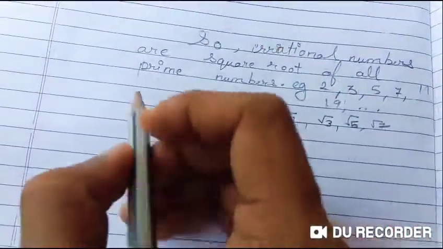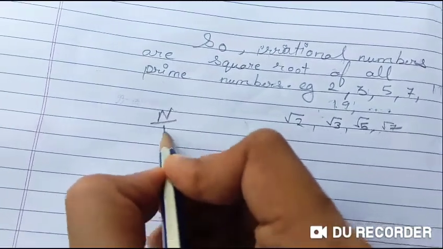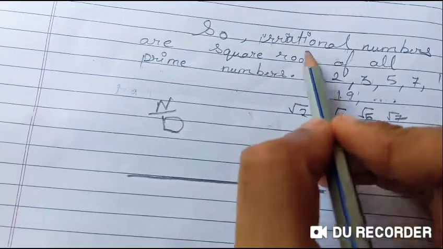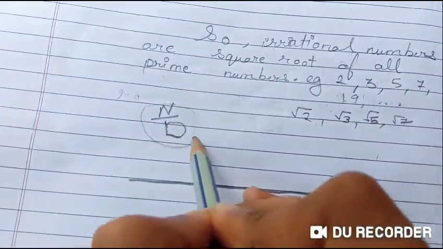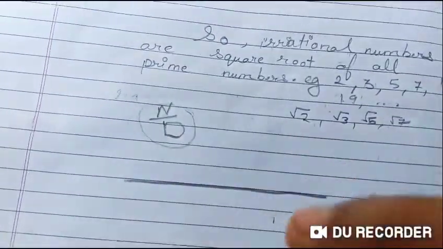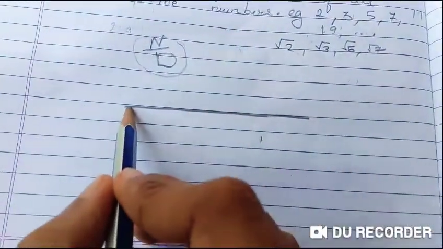It is easy to plot rational numbers because they are in the form of numerator upon denominator, but irrational numbers are not in that form. So there is a different method to plot them, that is the construction method. First step, draw the regular number line.